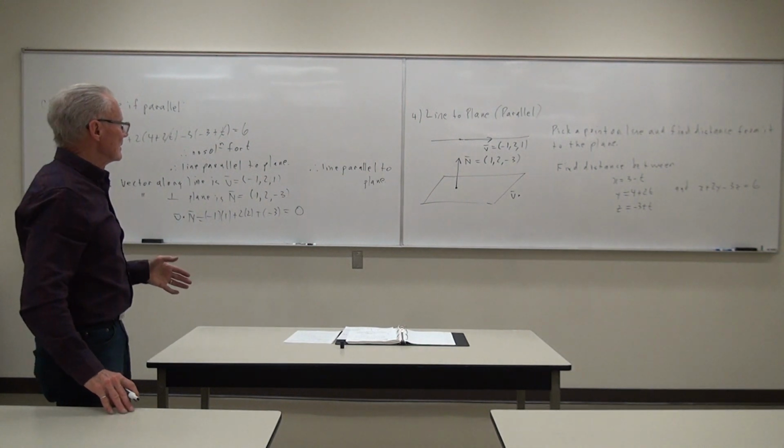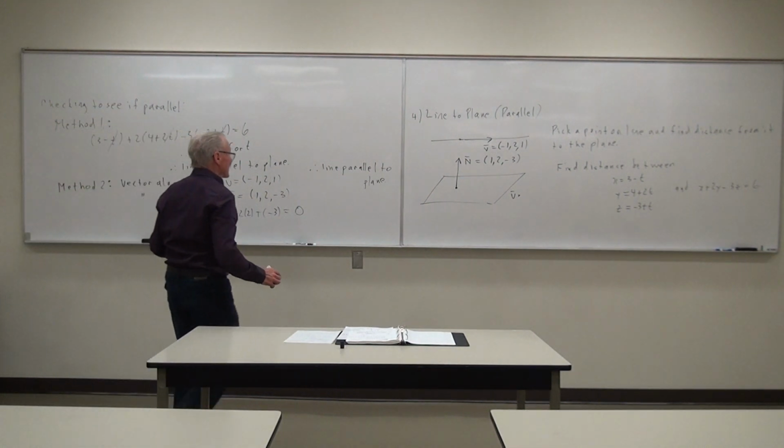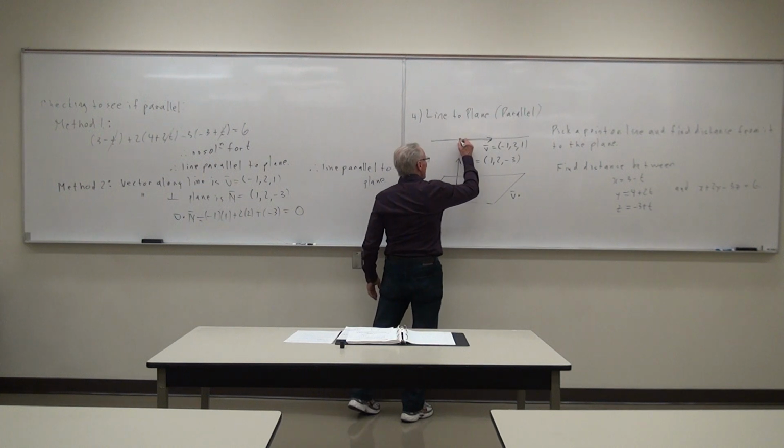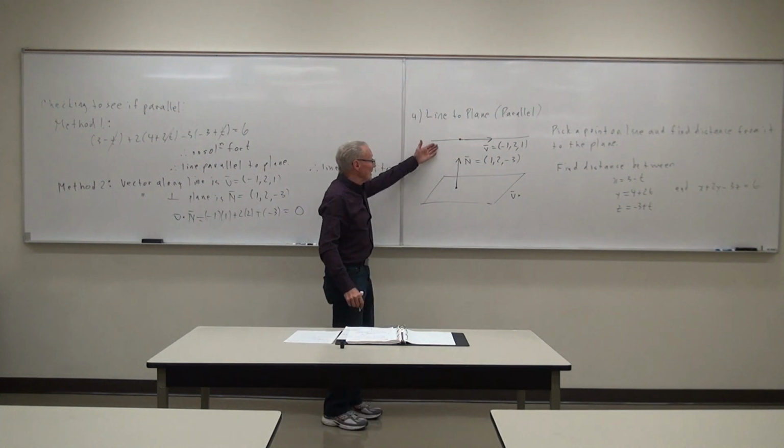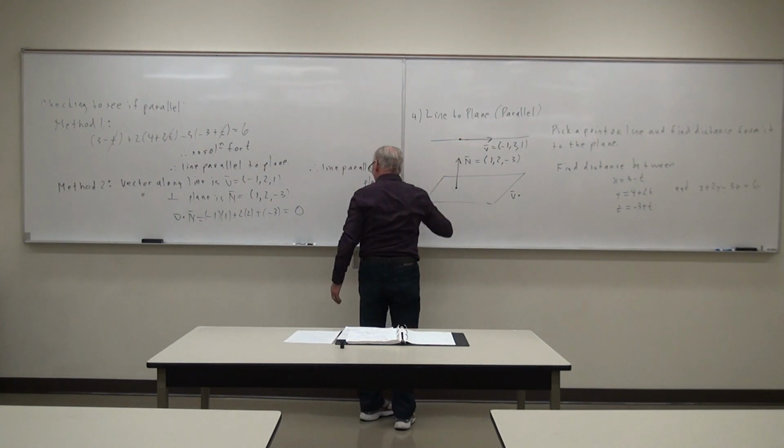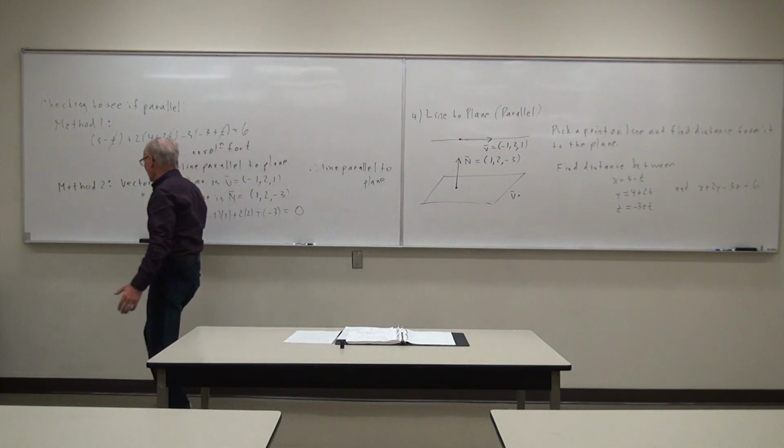And how do we do it? We said what we would do is take a point on the line and use the formula for the distance from a point to a plane. All I need is a point on the line. Give me one.